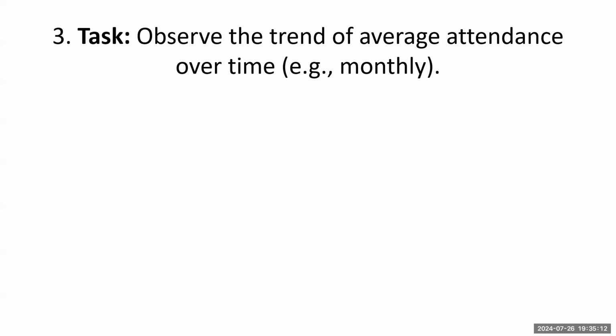Time, trend analysis. What comes into your mind? Example, monthly. Is it a scatter plot? Is it a line chart? Is it a histogram? You can select from the options.